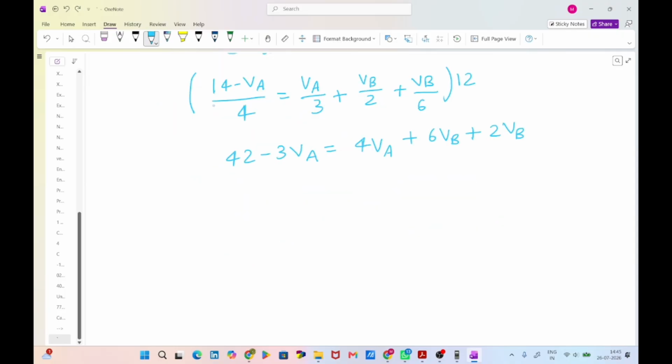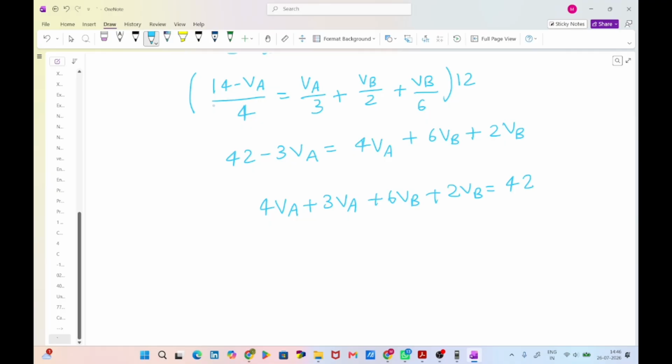Then move this minus 3VA to this side: 4VA plus 3VA plus 6VB plus 2VB is equal to 42.